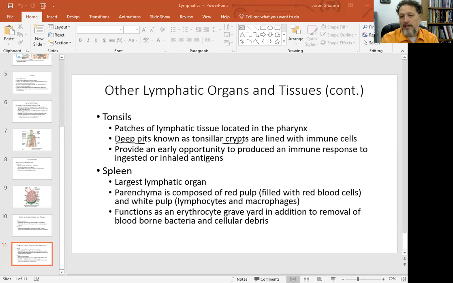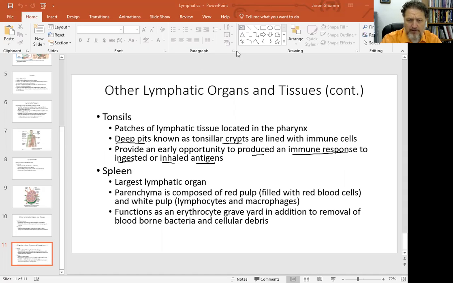They get educated, basically, and then they can teach other cells what to look for so that we can fight off infections. Really what they're looking for is ingested or inhaled antigens, because as we breathe in or eat something, the antigen is a foreign protein. And again, this is so we can produce an immune response.